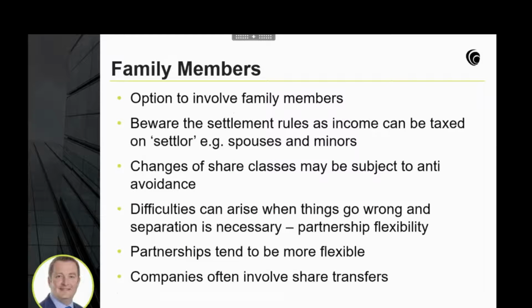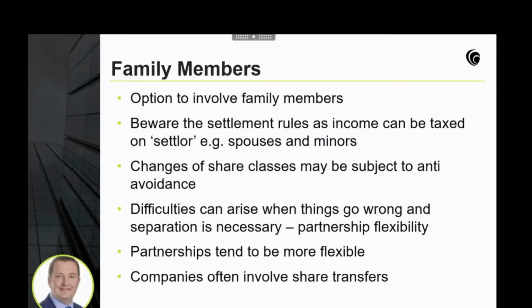And I think this is my final slide before handing it back over to Patrick, and it just looks at family situations and highlights that there's often a temptation to involve family members at shareholder level in a corporate entity to spread income around the family and effectively minimise the overall income tax burden.